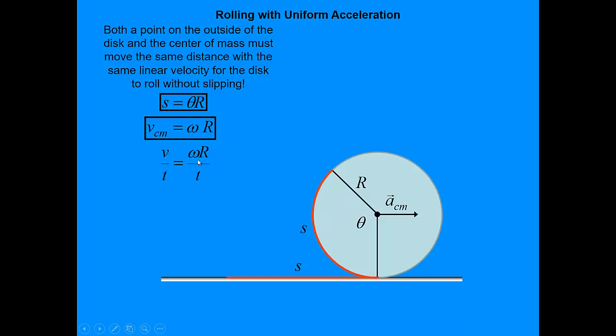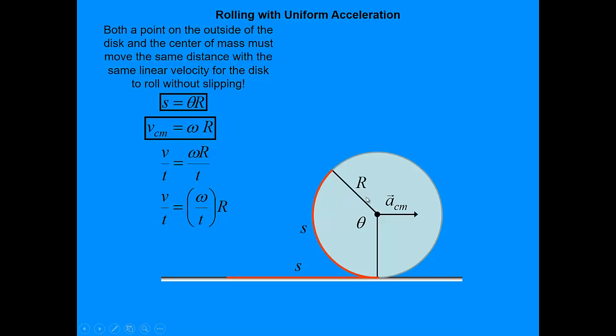Over here, I'm going to reorder this a bit, which I can do because it's multiplication, so it's commutative and associative. All right, so I'm going to write this as angular velocity over time times the radius. And then look at what we have. Over here we have linear velocity of the center of mass over the time. Well, what's velocity over time? It's linear acceleration. Right?